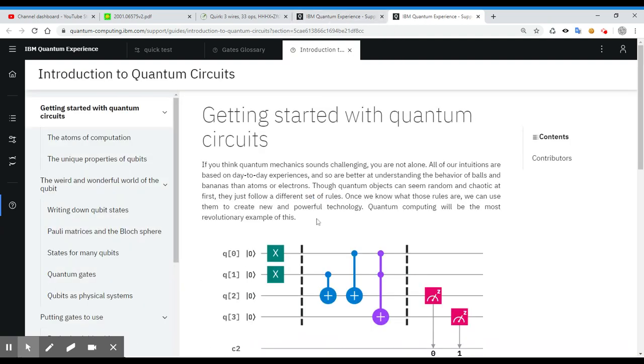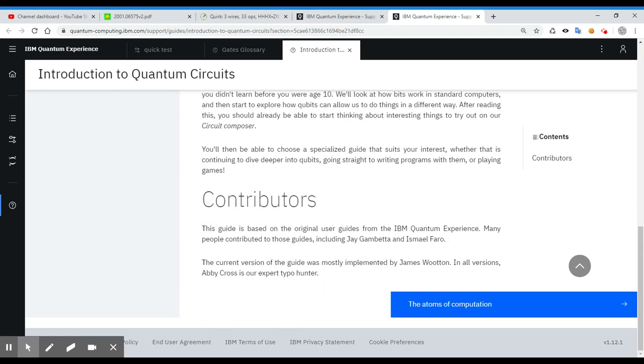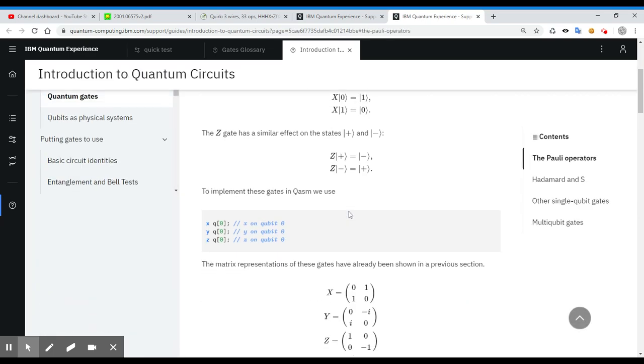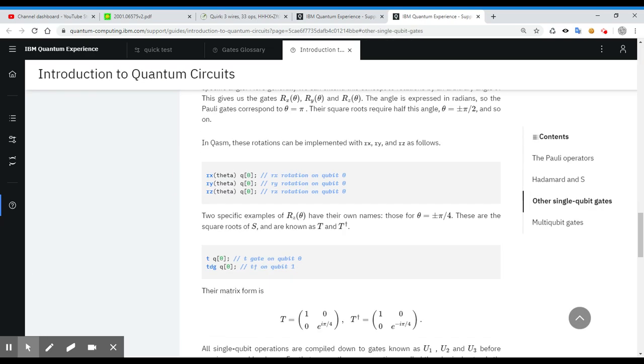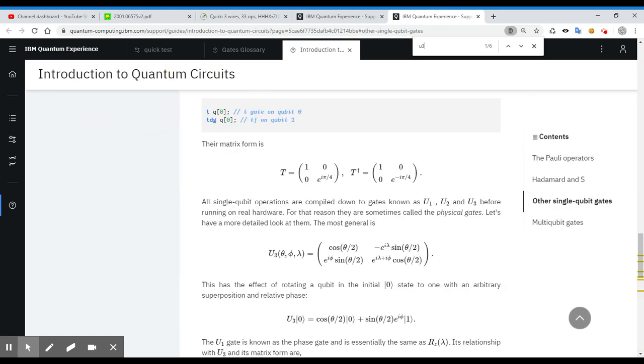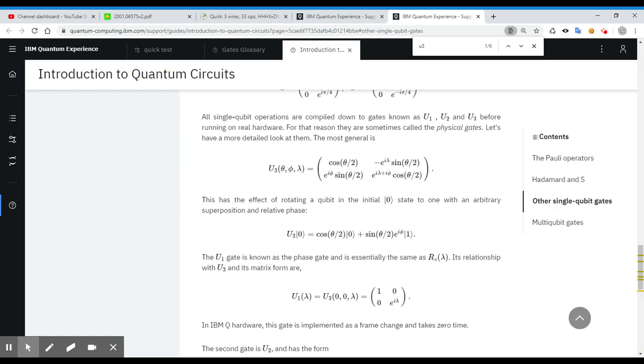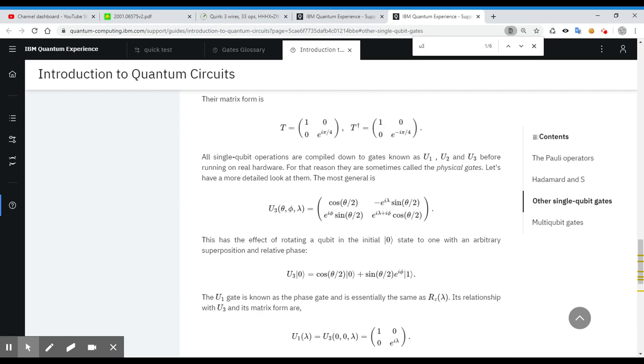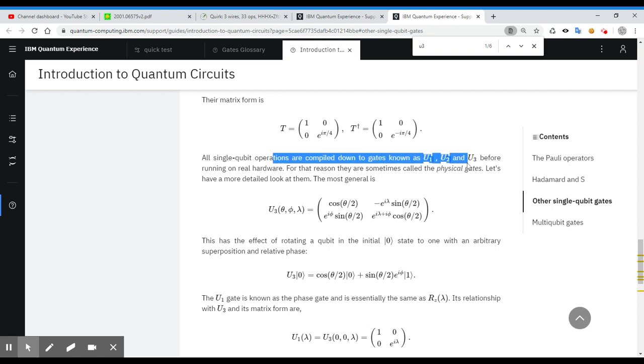It's difficult to find things. Quantum gates, I think it was something here, and then you've got a U3. Oh, here you go. So the single qubit physical gates. Let's have more of a look at them.